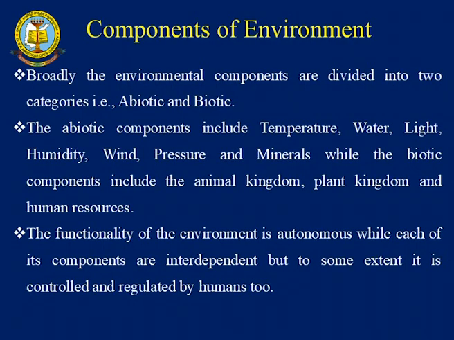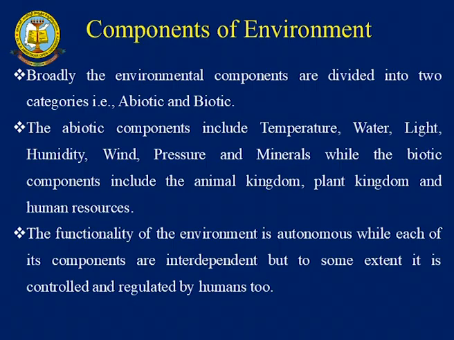The name itself has a meaning: biotic components means living beings, like the animal kingdom or the plant kingdom or human resources, whereas abiotic components, which surround these biotic components, like temperature, water and light, come under the abiotic components.